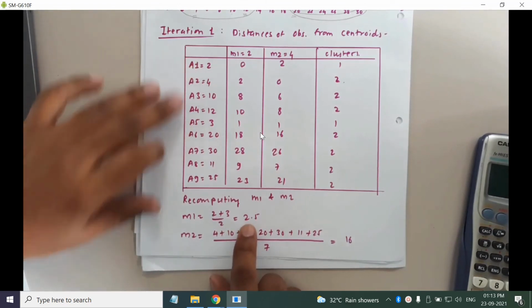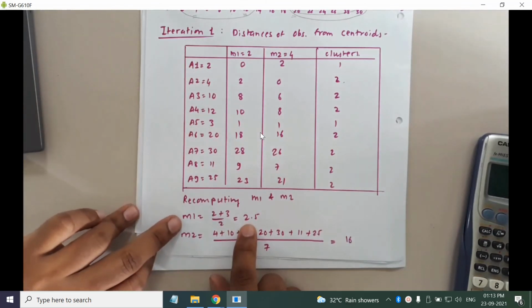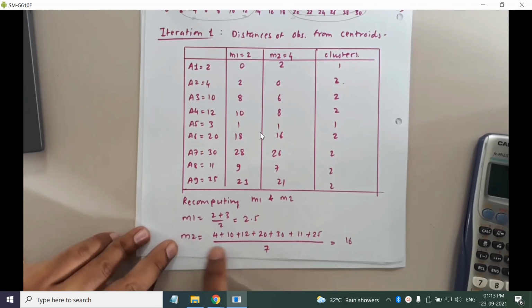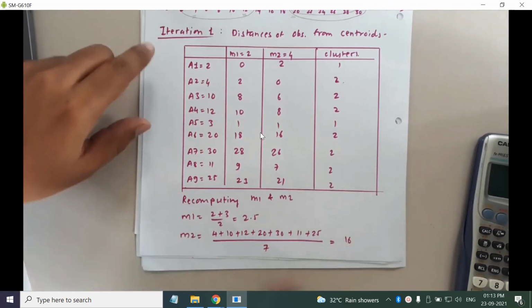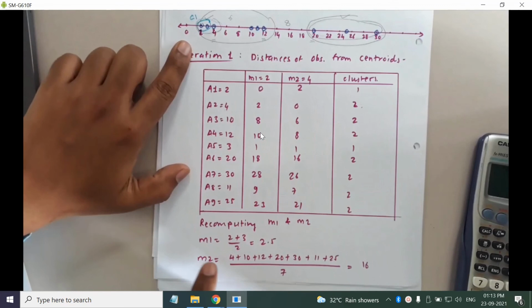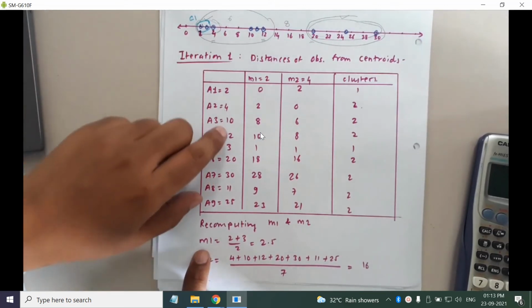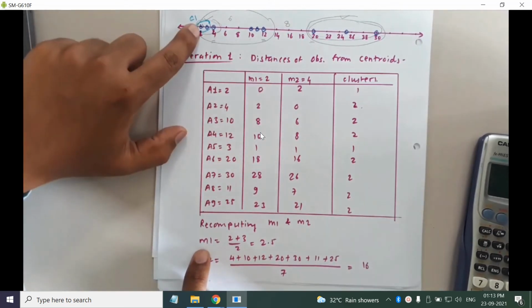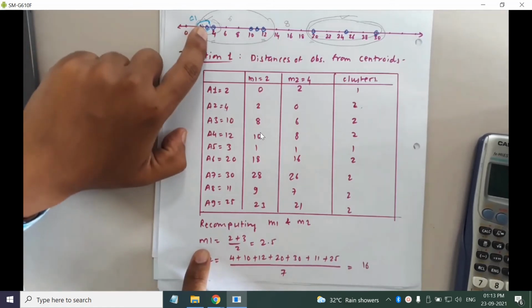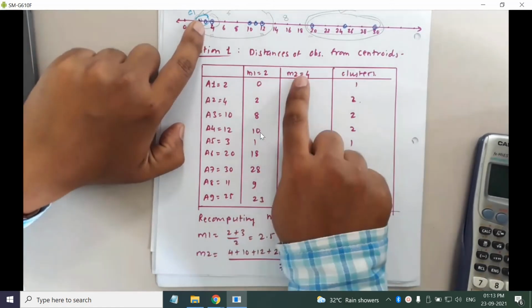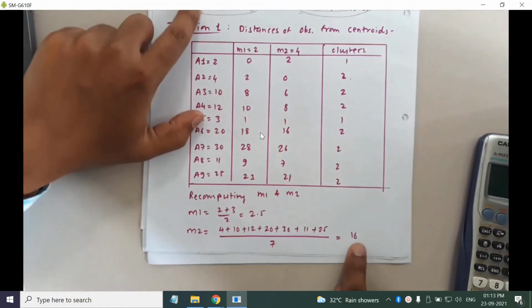So this is the new value of centroid 1. Similarly for centroid 2, that is 16. So see this change. m1 was at 2, now it is shifted to 2.5, and m2 was at 4, now it is shifted to 16.